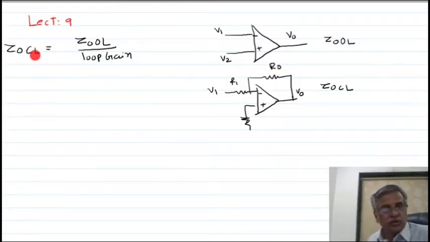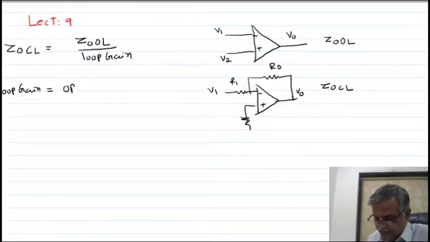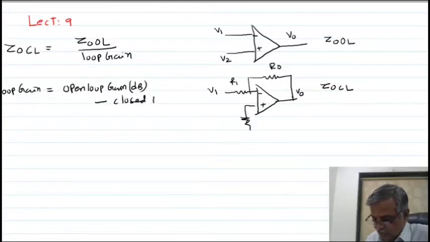The closed loop output impedance is given by open loop output impedance upon loop gain. Now, loop gain you can calculate by this equation. Loop gain is nothing but the open loop gain in dB minus closed loop gain in dB.